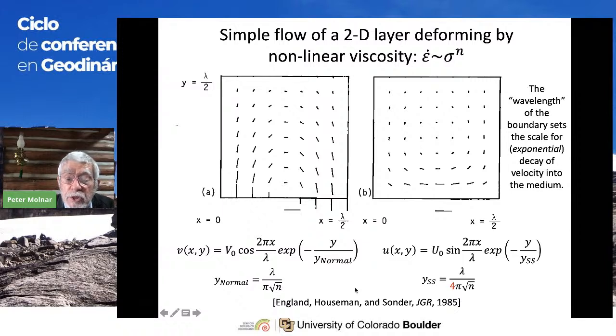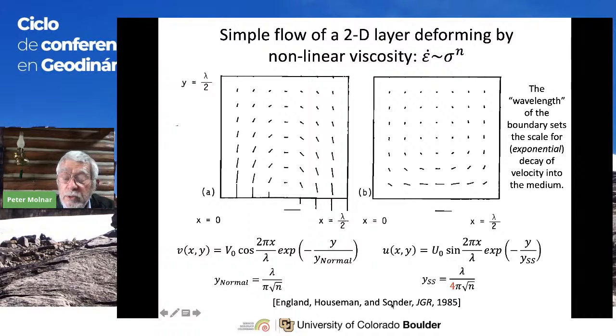And the normal condition, notice, is 4 times larger than the strike-slip boundary. The strike-slip boundary decay constant is reduced by this factor of 4. But again, you have this square root of n. I didn't derive this. I just told you this is the case. This comes from their work.